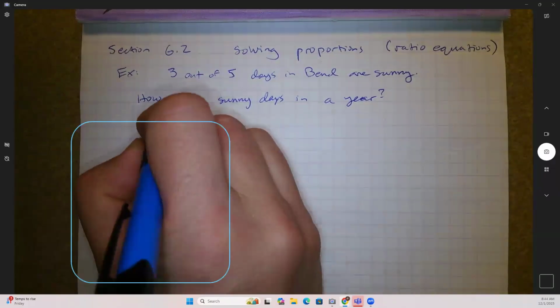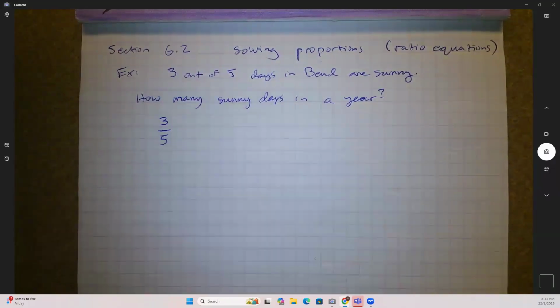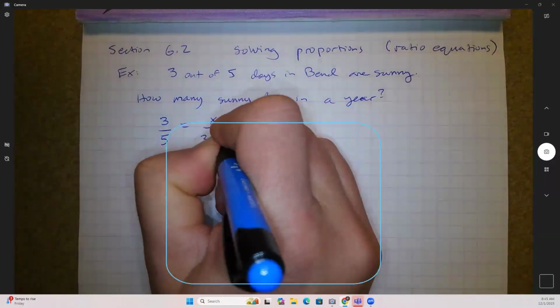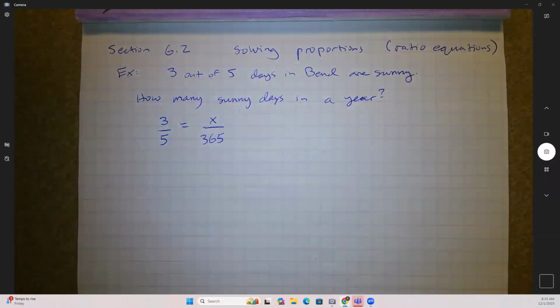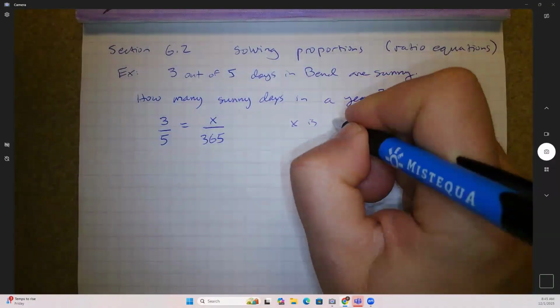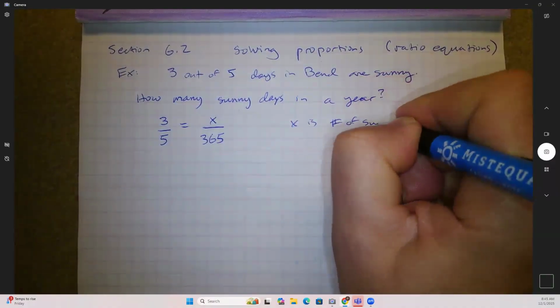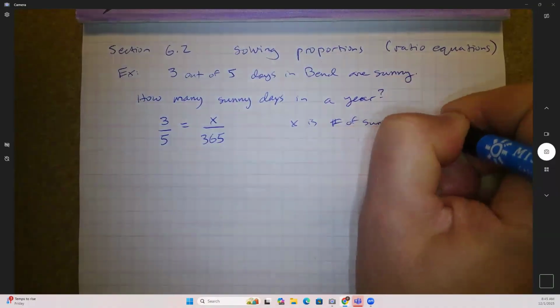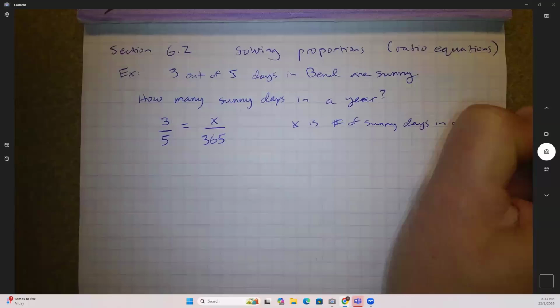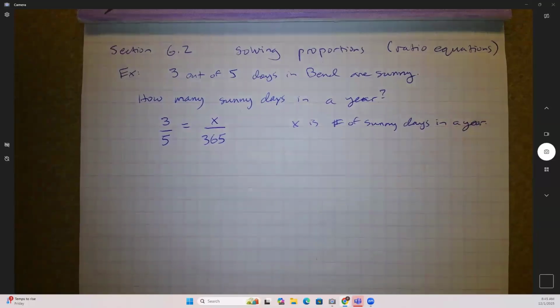And the way we did it is we built a ratio with the numbers we knew, and then we built a ratio with the number that we're looking for, where X is the number of sunny days in a year out of 365 days.